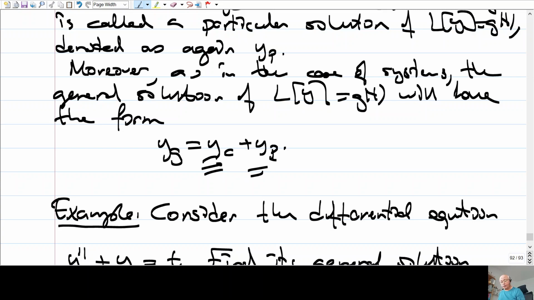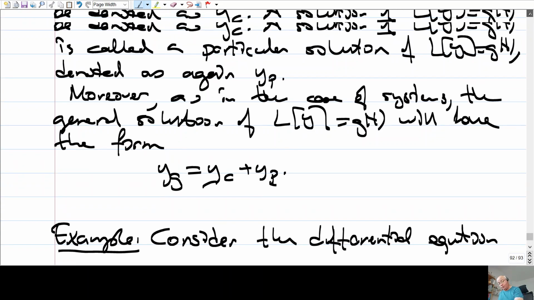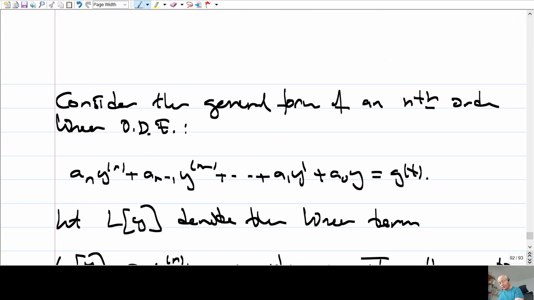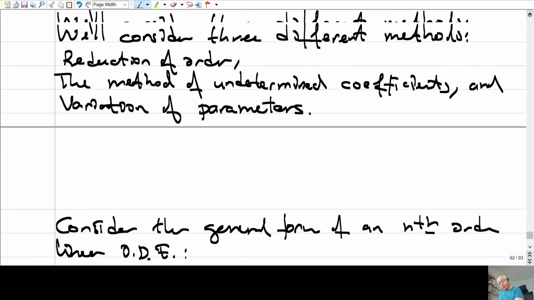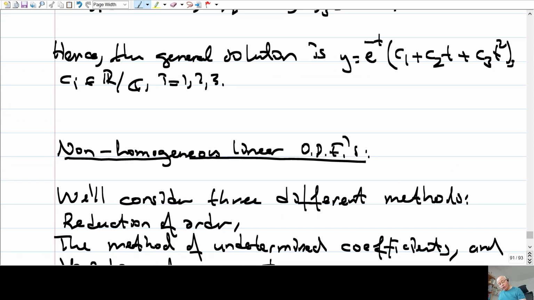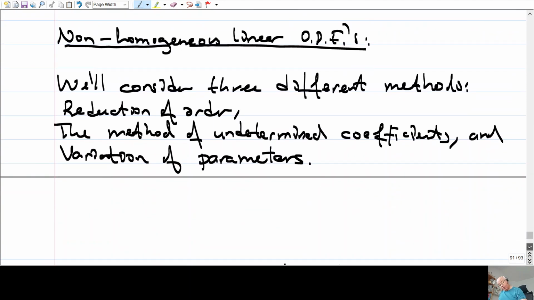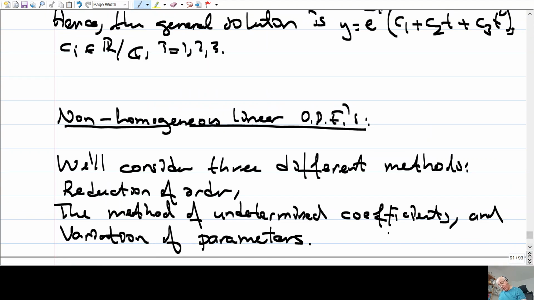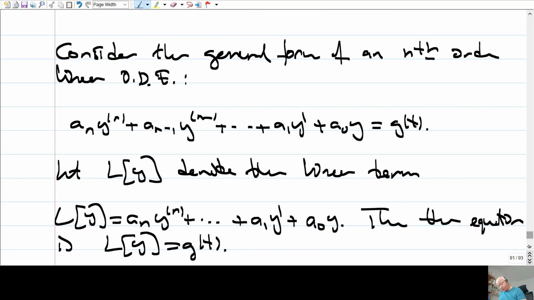How do you find a particular solution? Well, we will see three methods for that, as I said: reduction of order, undetermined coefficients, and variation of parameters. Let's start with the reduction of order.